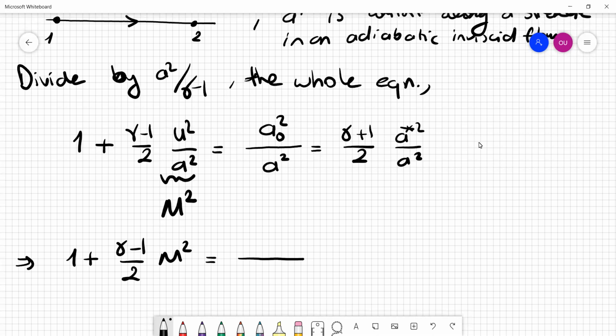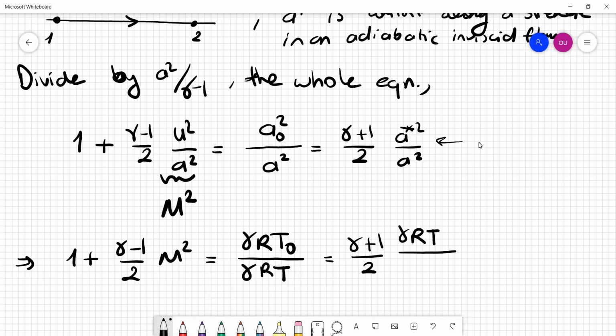So a0 square is equal to gamma times R times T0, and a square is equal to gamma times R times T. Similarly, I have a star square here, so I can write gamma R T star divided by gamma R T. Obviously, the constants cancel out, so these go away.